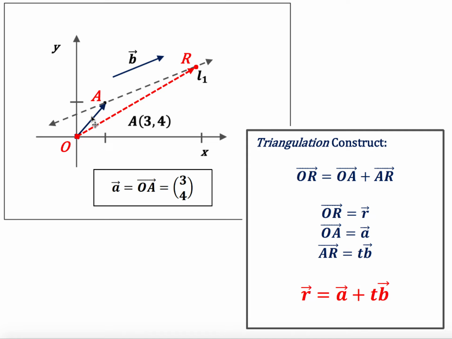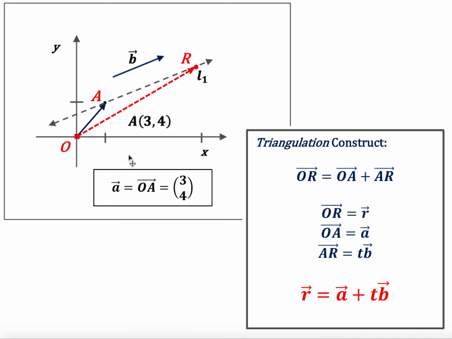So let's say we're given point A, and of course point A in the Cartesian form, the xy ordered pair form, would end up being reflected as vector OA in terms of A's position, its head relative to its tail anchored at the origin, which also could be designated as lowercase a.